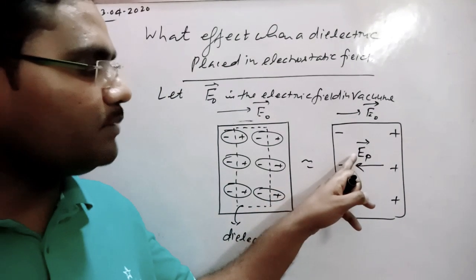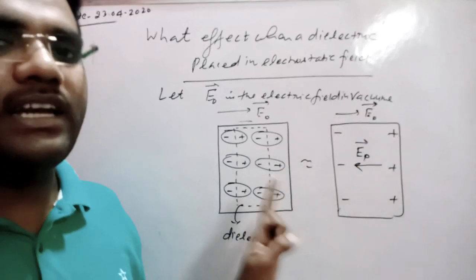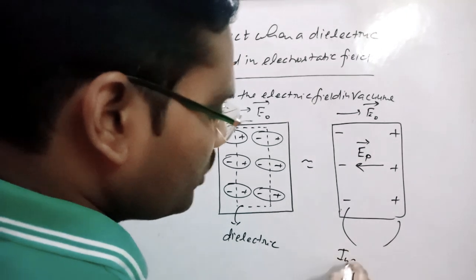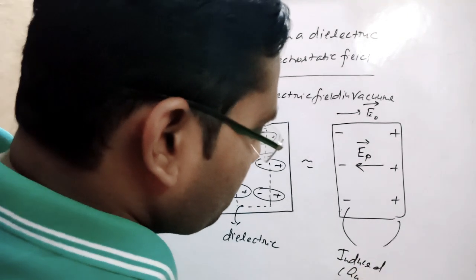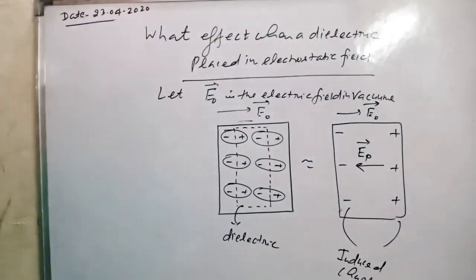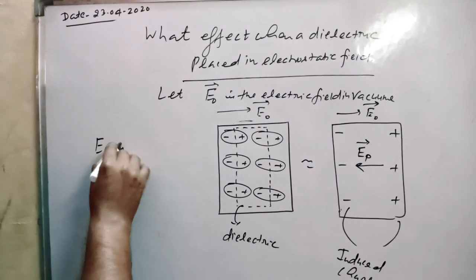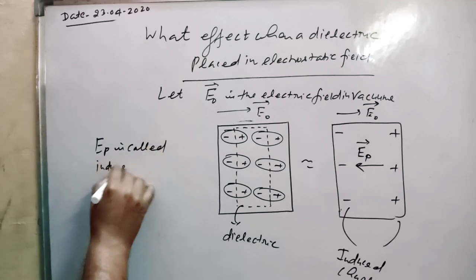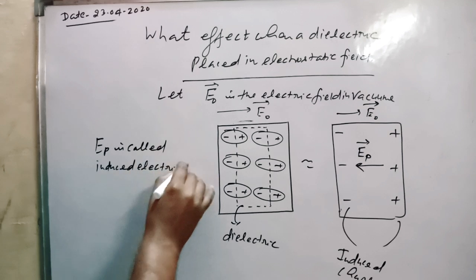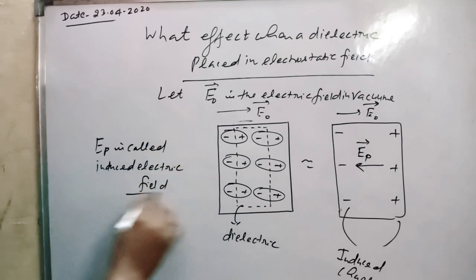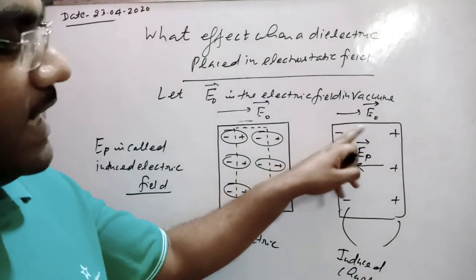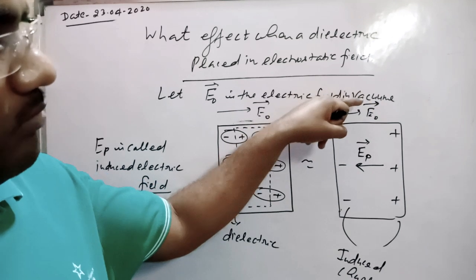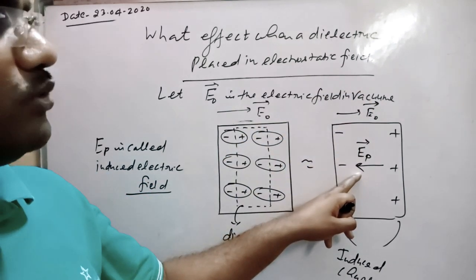That means this field is produced due to polarization of the dielectric in an external field, and these charges are called induced charges, and here EP is called the induced electric field. Hence here we see there are two fields. The first one is the field in vacuum and this one is the field due to the dielectric.